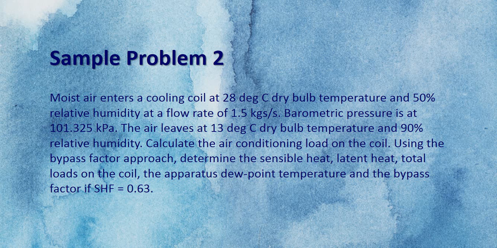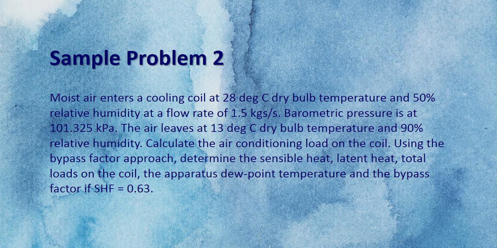The air leaves at 13 degrees Celsius dry bulb temperature and 90% relative humidity. Calculate the air conditioning load on the coil, and using the bypass factor approach, determine the sensible heat, the latent heat, the total load on the coil, the apparatus dew point temperature, and the bypass factor if your sensible heat factor is 0.63.